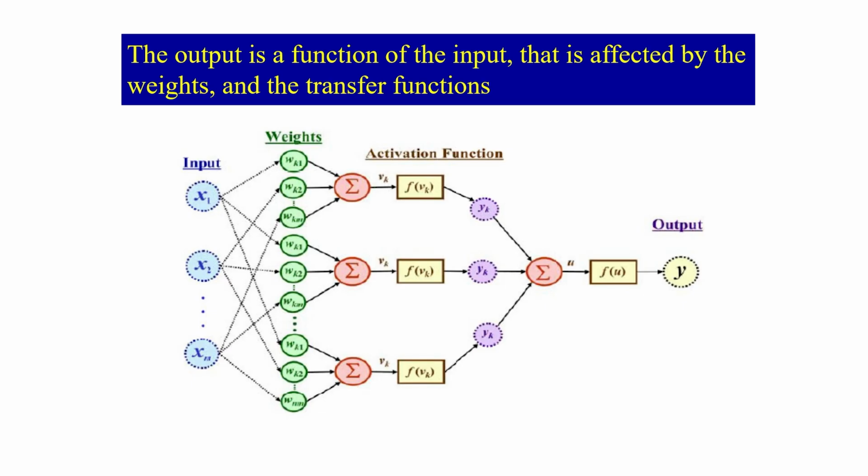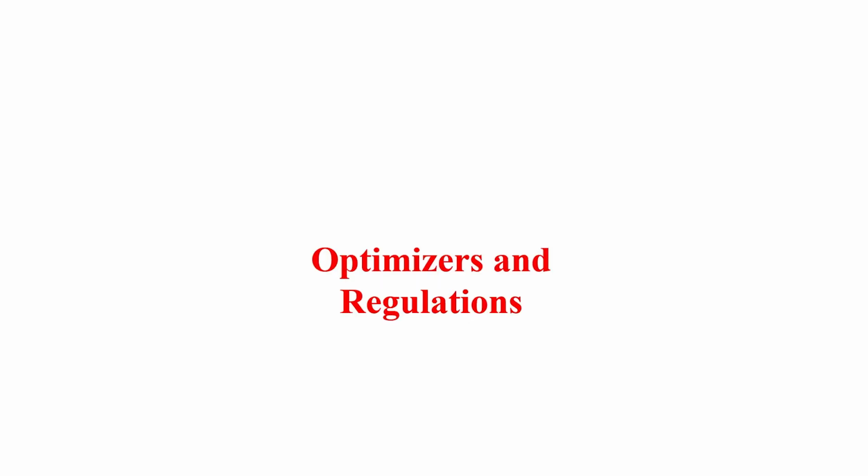This provides you an output. Since an artificial neural network is a parallel processing system, this output of the network, as shown here on the slide, is then fed to the next network or next layer, and then calculations are done. So, what are these optimizers?